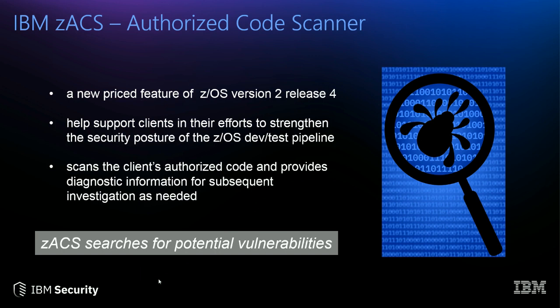In a few words, zACS is a scanner that is used to search for potential vulnerabilities in order to avoid potential compromise to the system integrity of z/OS.